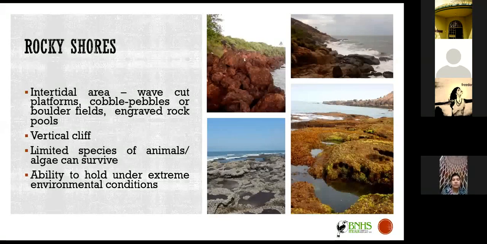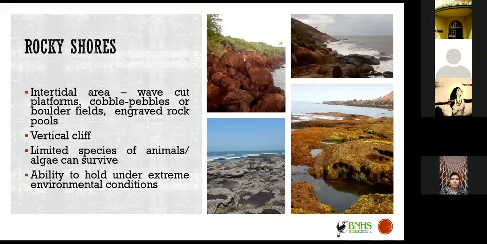It is a harsh environment, and not all organisms can adapt to it. One can see a variety of physical structures, as in the pictures here: loose substrate forms such as boulders or holes, and platforms which are fixed but enriched with shallow to deep rock pools. The critical environment here means very peculiar species inhabit these places.